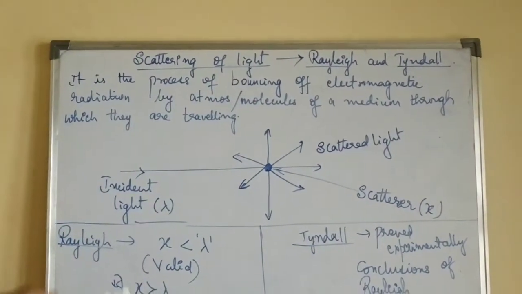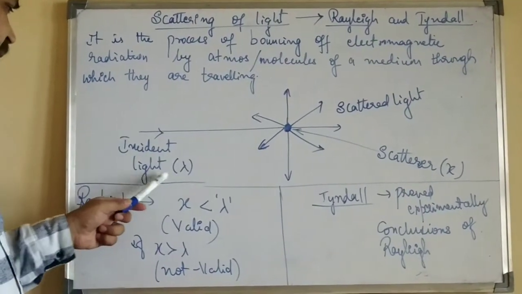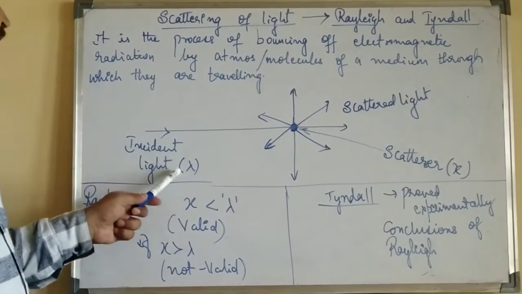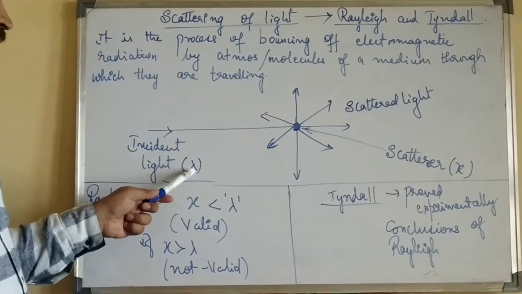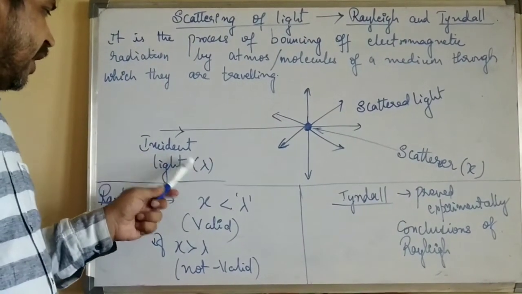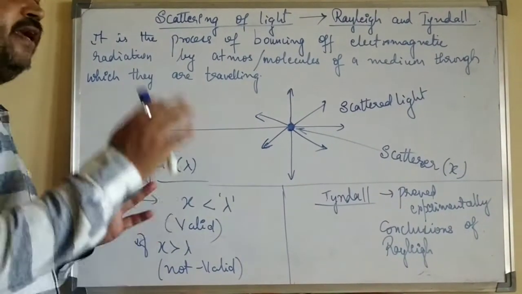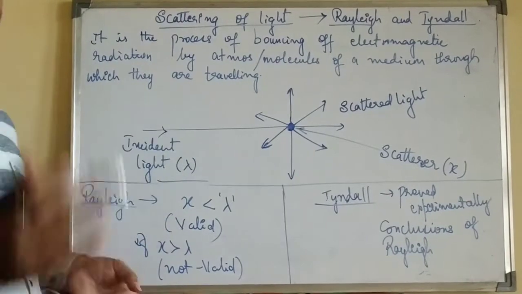Now you can see this diagram. Incident light of a particular wavelength lambda. The wavelength is represented by lambda. When incident light of a particular lambda enters a medium, what happens? That medium is filled with atoms and molecules.